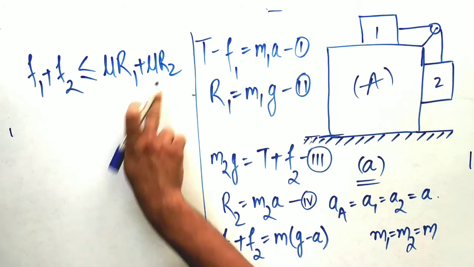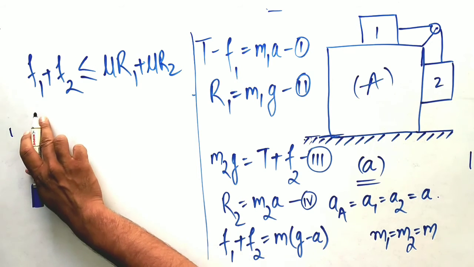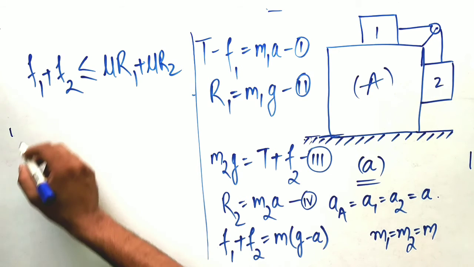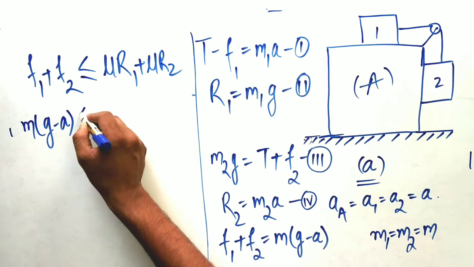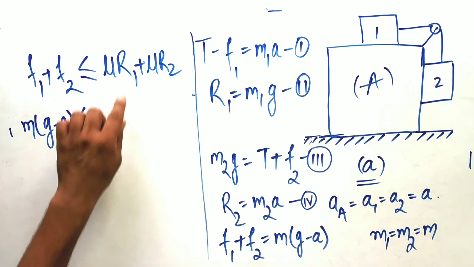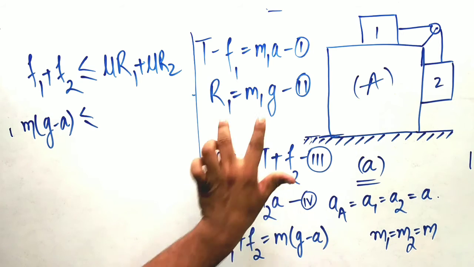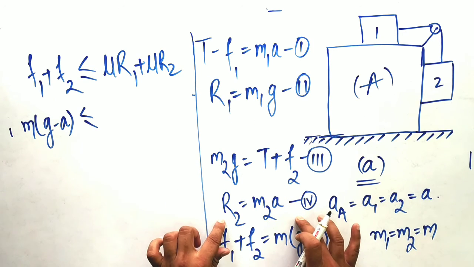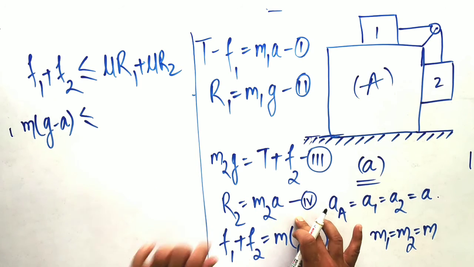Mu R1 and mu R2 are the limiting values of F1 and F2. But we already know what F1 plus F2 is equal to: m times g minus a. Also, we know what R1 and R2 are equal to. How? Equation number 2 and equation number 4.